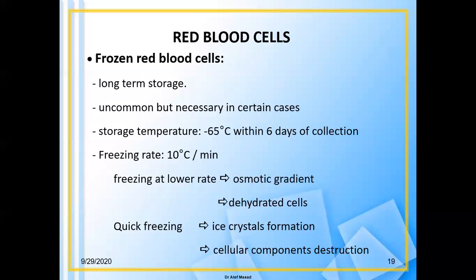The freezing rate is 10 degrees centigrade per minute. Freezing at a lower rate is very important. It will reduce the osmotic gradient and the dehydration of cells. Quick freezing means ice crystal formation inside the RBCs, and it means cellular components will be destroyed.